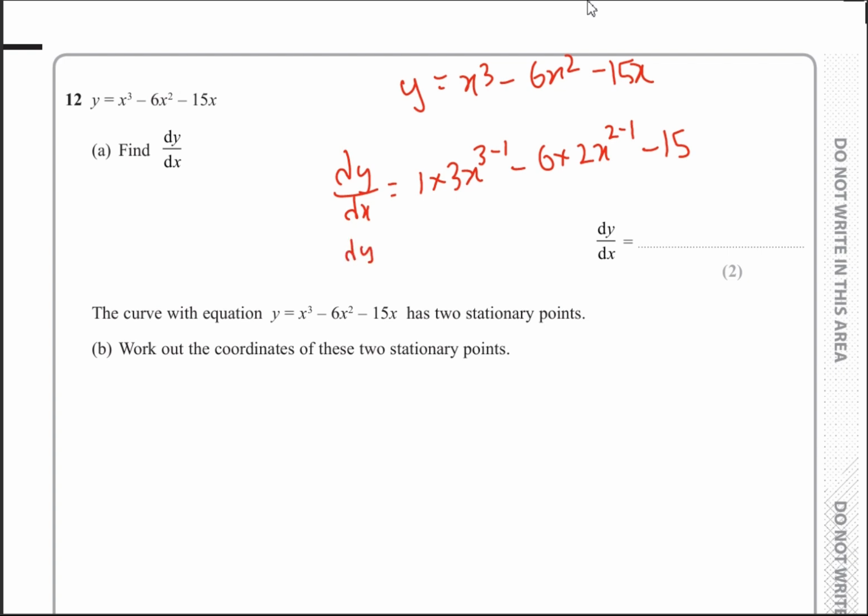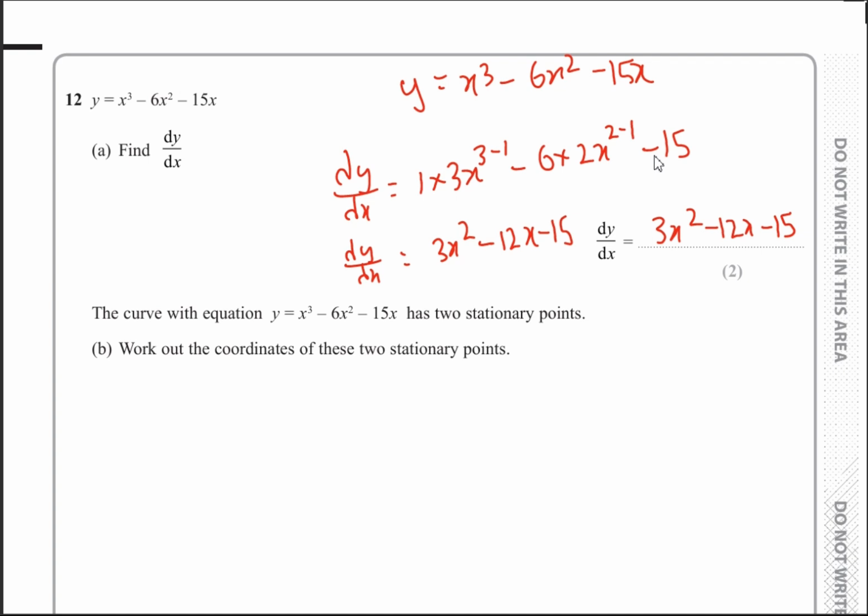So what do I have here? 3x squared minus 12x minus 15. So 1 times 3 is 3, x to the 3 minus 1 power 2, minus 6 times 2 is minus 12, and 2 minus 1 is 1. Minus 15. So my dy over dx becomes 3x squared minus 12x minus 15. All you do is simply multiply by the power, minus 1 from the power.